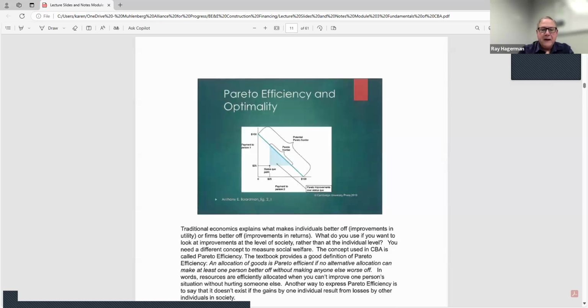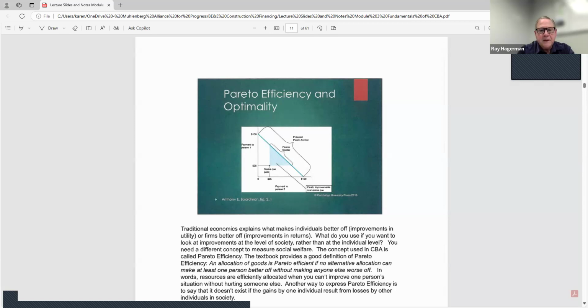The best way to look at this, again restating that it's an allocation of goods where no alternative allocation can make at least one person better off without making somebody else worse off, is to look at this graph. Another way to express this is a payment to person one that started with $25 and a payment to person two that also started with $25.